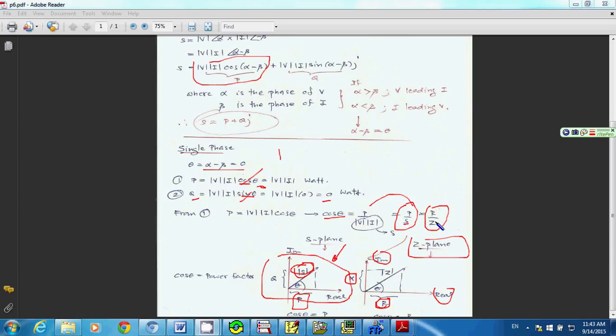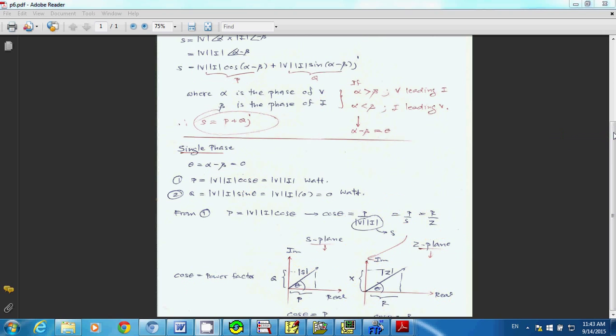So that's why I have R over Z here. Okay, I think this way is better, because some students are still confused about how to get these equations here. So this is the single phase. So the phase difference, that means the phase of the voltage and the phase of the current difference, becomes 0.